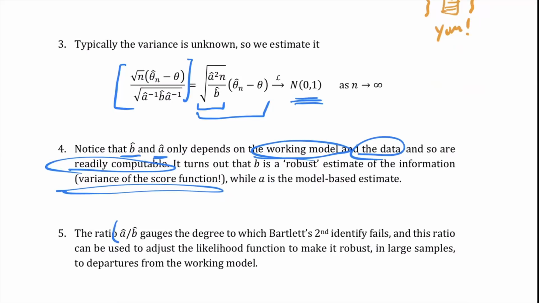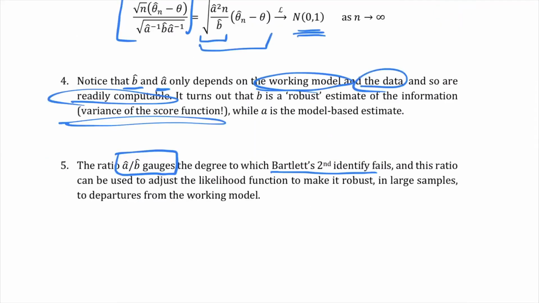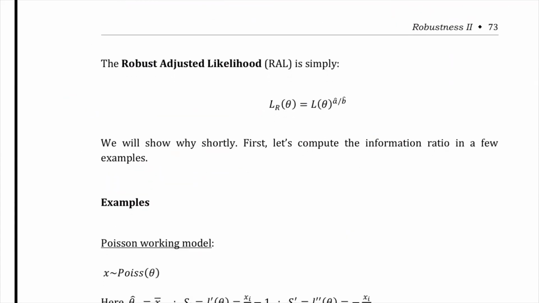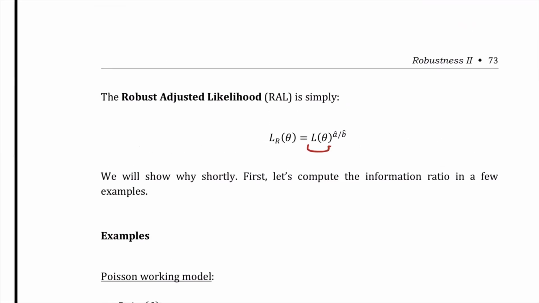The ratio A to B gauges the degree to which Bartlett's second identity fails. And this ratio can be used to adjust the likelihood function to make it robust in large samples to departures from the working model. So let's see how we do that. The robust adjusted likelihood function is literally just the likelihood function raised to this fraction. So you remember we have B over A squared.